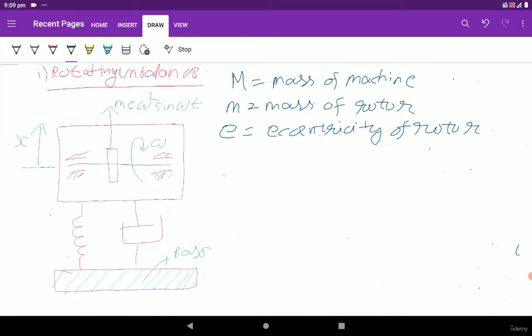So the equation of motion in this case, we can write it as F inertial plus F damped plus F due to spring is equal to F unbalanced.